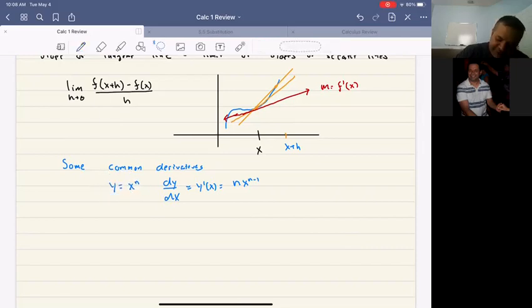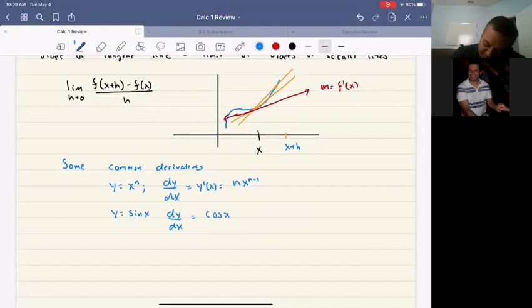Sorry, I just like that being lined up a little better. If y equals sine of x, dy dx equals, in this case, cosine of x. Similarly, if y equals cosine of x, dy dx is negative sine of x.